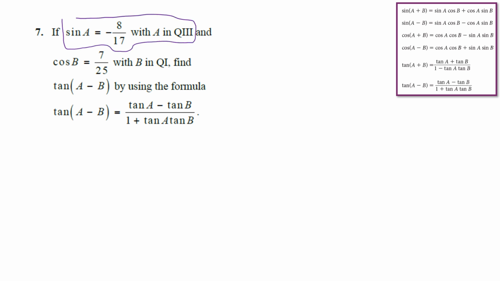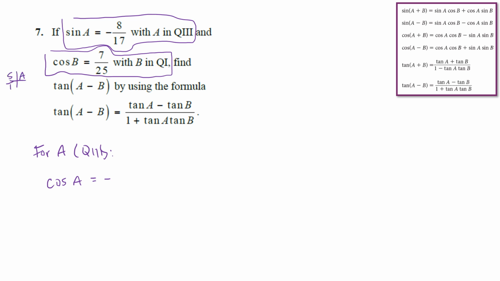we are given two very important pieces of information. Okay, so we know that the sine of A is negative 8 over 17 with A in quadrant 3. So if we wanted to find the cosine of A, since A is in quadrant 3, the cosine of A is going to be negative. Remember our acronym, all students take calculus.